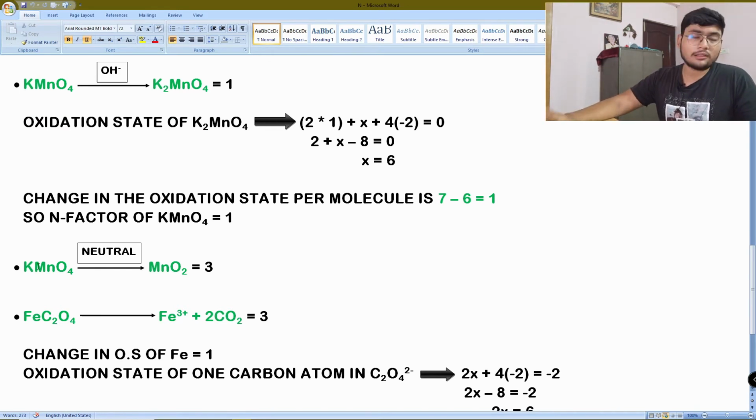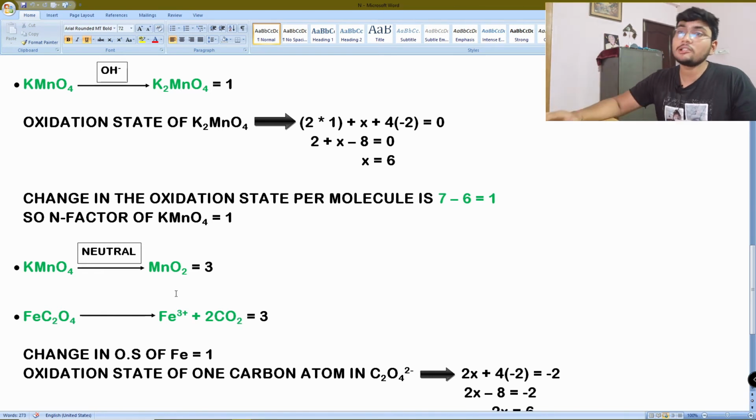You see now the oxidation state of manganese in potassium permanganate is plus 7. Now in MnO2 the oxidation state of manganese is plus 4 because the oxygen will have minus 2 charge on it. There are 2 oxygen atoms, so a total of minus 4 charge. And MnO2 is a neutral species, so to neutralize minus 4 charge, manganese should have a plus 4 charge on it, right?